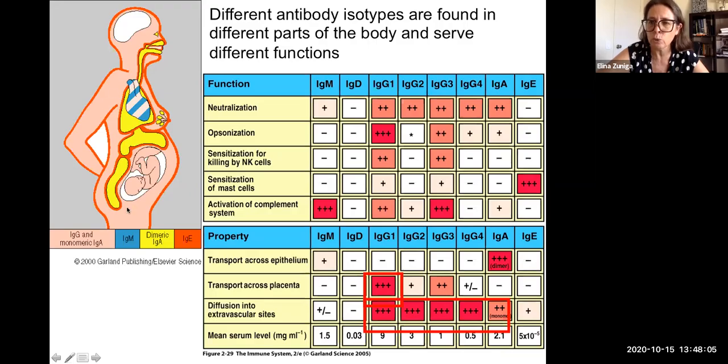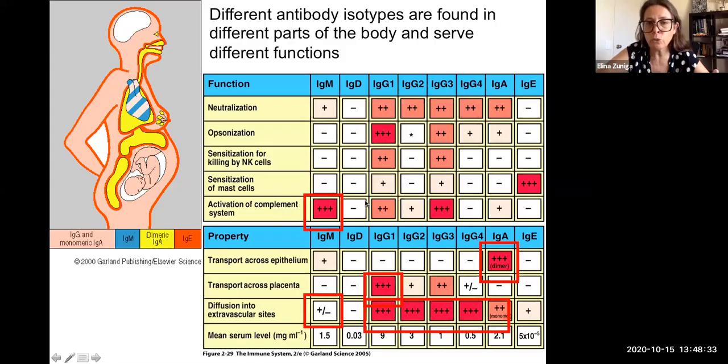In all our tissues, once they are produced. And as I mentioned, IgM is really bad at extravasation, and that's why it will be mostly in circulation. And then finally, we already know that dimeric IgA is really good at crossing epithelium, and that's why it is present in the mucosal surfaces.